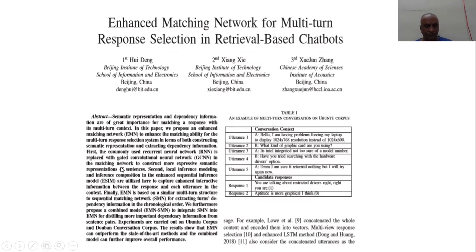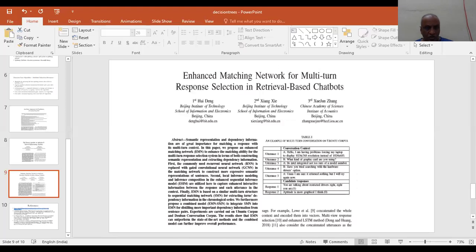This is one more paper, for chatbots. This again is a mix of neural networks, recurrent neural networks, convolutional neural networks. I just try to look at those papers if I have them with me.